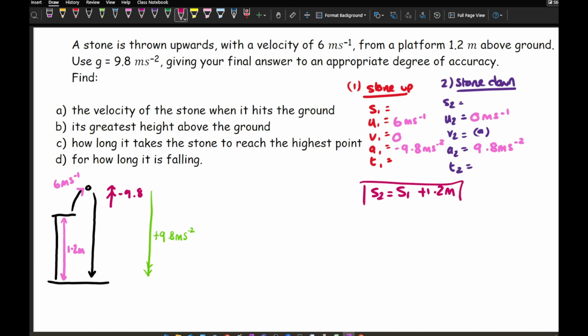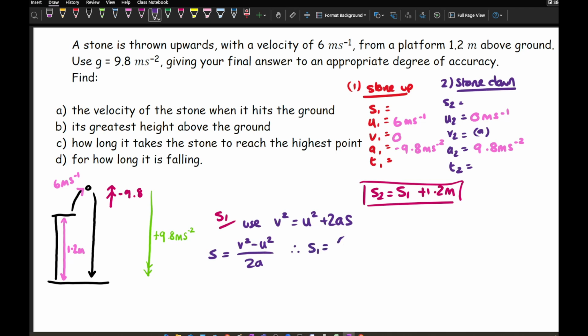So if I keep that in mind, to find S1 I'm going to use V squared equals U squared plus 2AS. Using the stone going up data, we end up with V squared minus U squared over 2A equals S. So S1 is going to equal 0 squared minus 6 squared over 2 times minus 9.8.